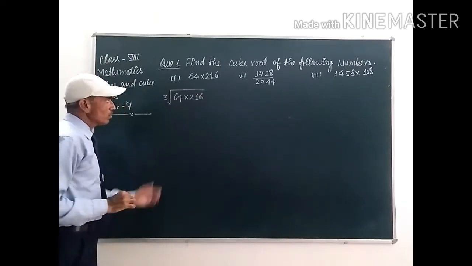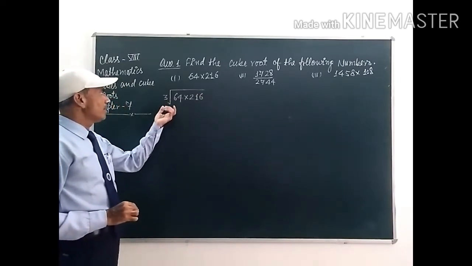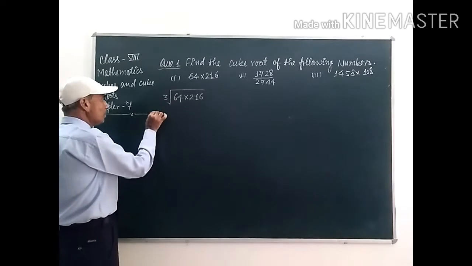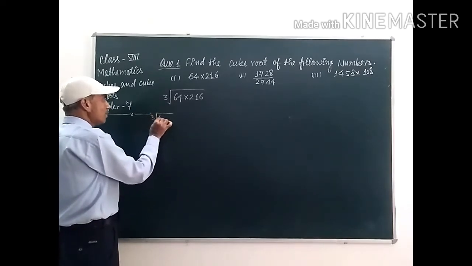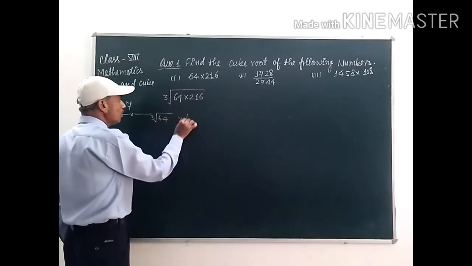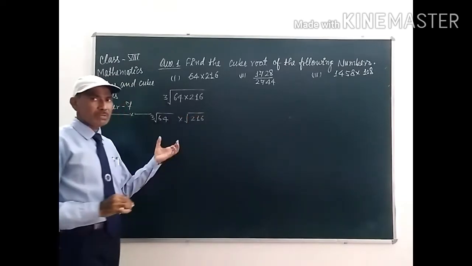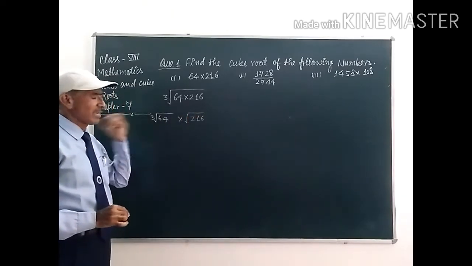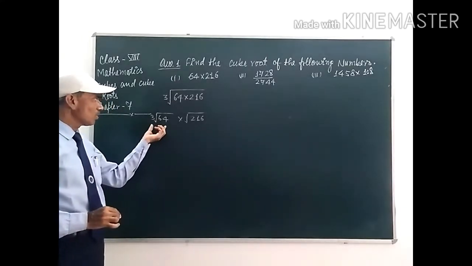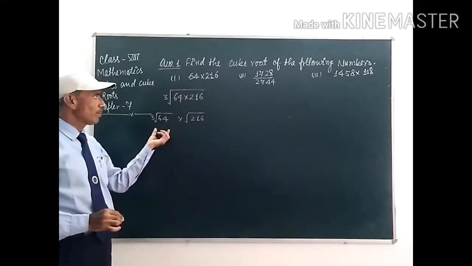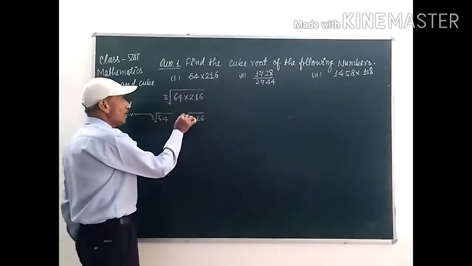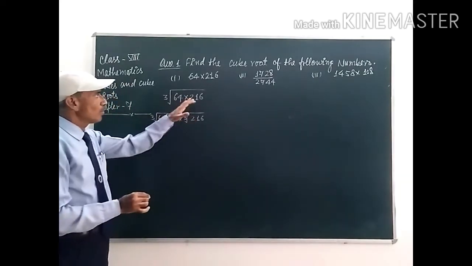You can write this as cube root of 64 into cube root of 216. Okay, students, you can write it like this. After finding the cube root of this one and this one, you can multiply and you will find the cube root of the whole number.